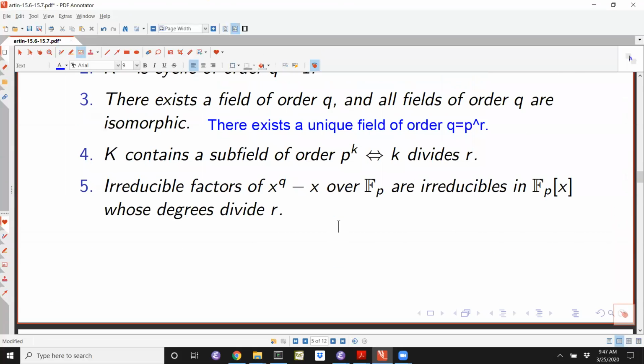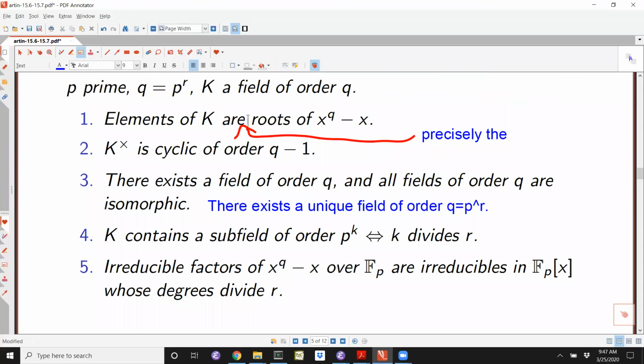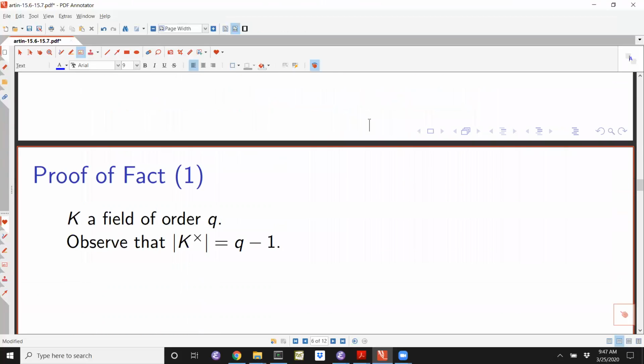In other words, each element of K is a root of x to the q minus x, and x to the q minus x splits completely over K.